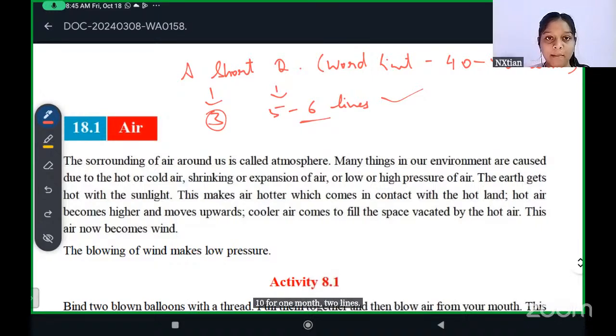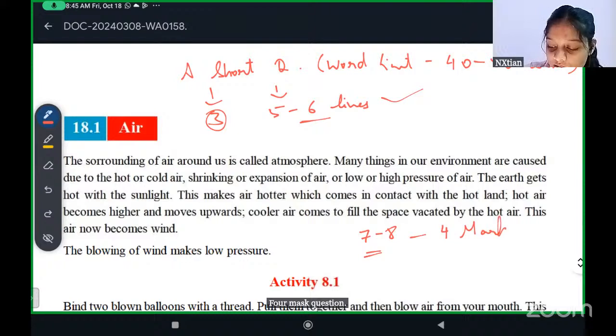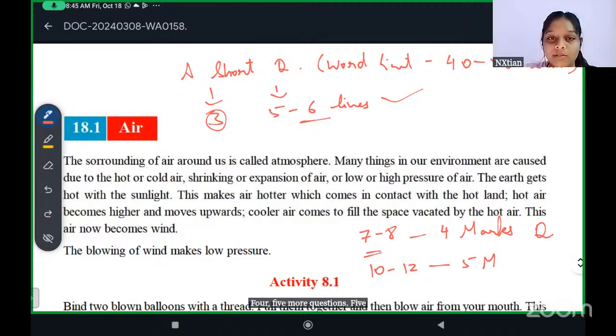Then 4 mark questions around 7 to 8 lines. 7 to 8 lines or 10 lines for a 4 marks question. Then suppose you are having 5-marker questions, so 10 to 12 or 15 lines. 5-mark questions are long questions.